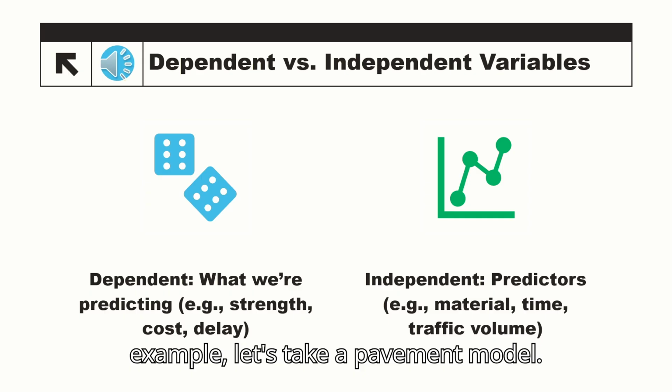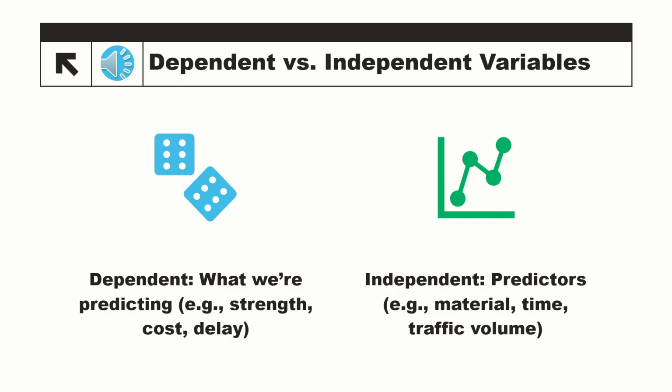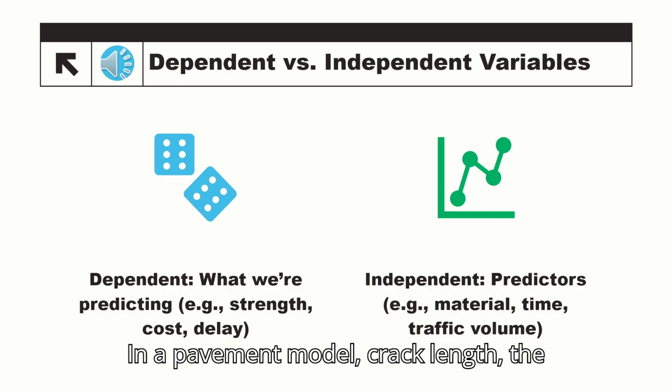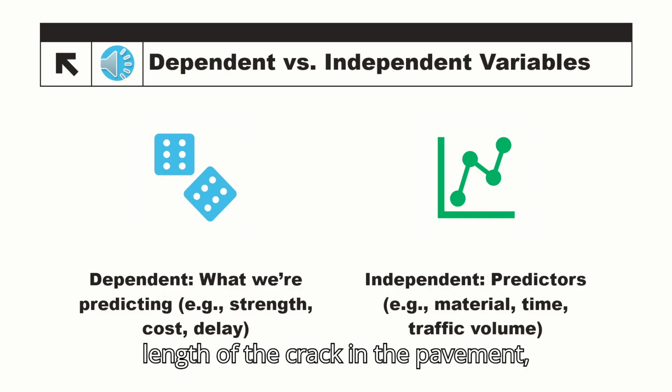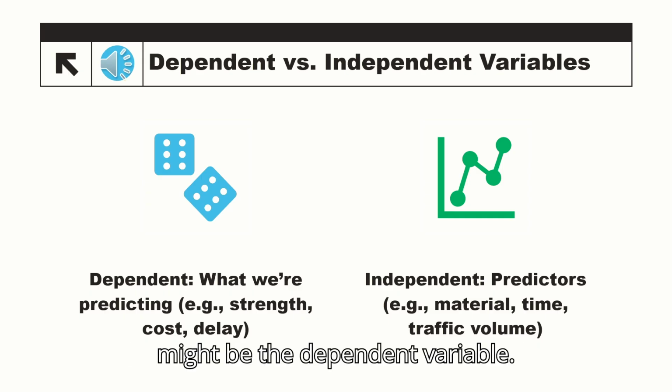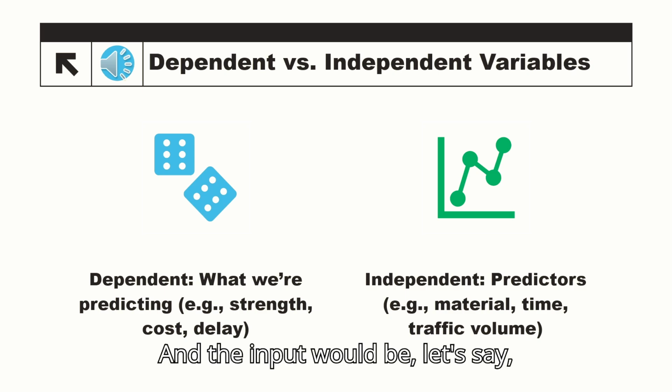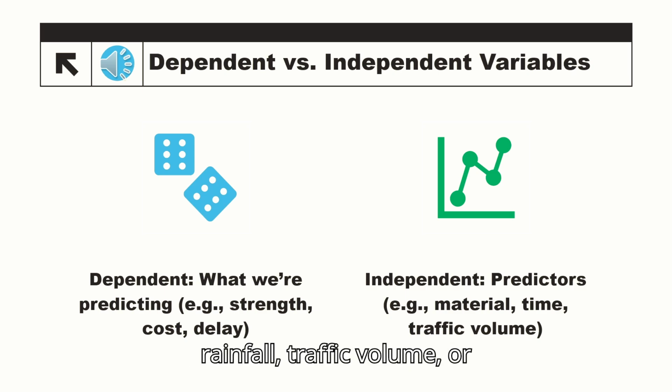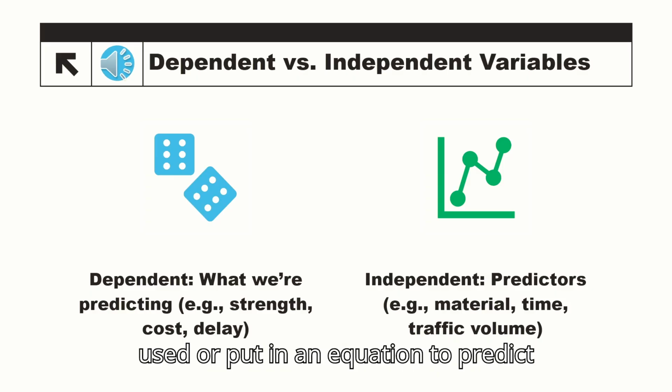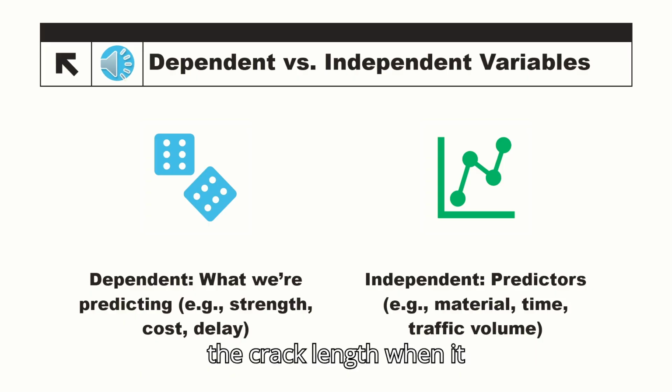For example, let's take a pavement model. In a pavement model, crack length, the length of the crack in the pavement, might be the dependent variable. And the input would be, let's say, rainfall, traffic volume, or pavement age. Those are put in an equation to predict the crack length when it happens.